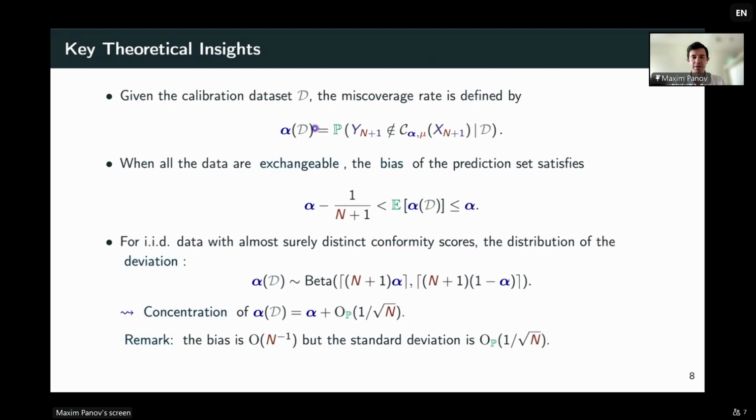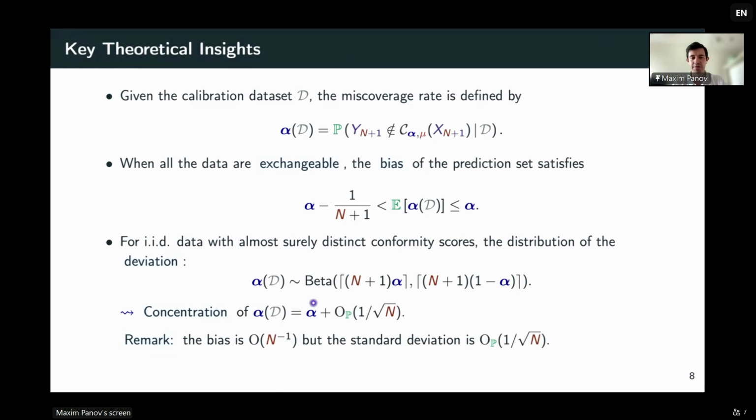If you consider the miscoverage rate conditioned on a calibration data set, then the previous guarantee just says that the expectation of this quantity has nice bounds between alpha and alpha minus 1 over n plus 1.